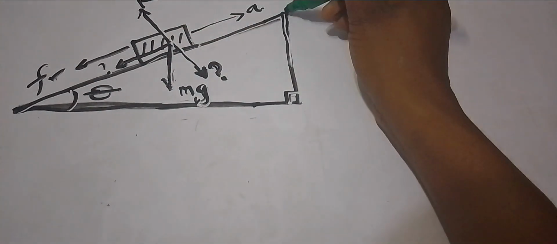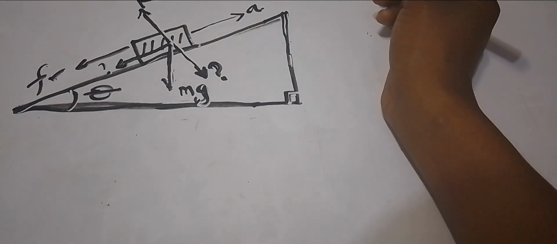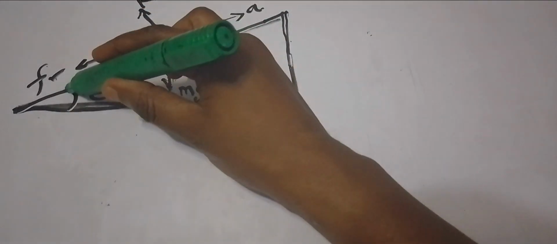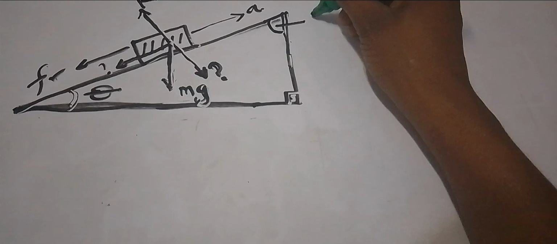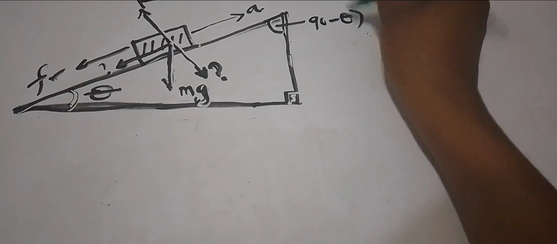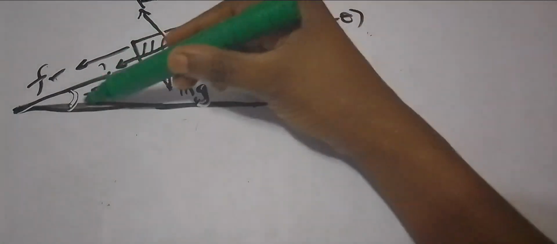This angle and this angle correspond to each other. Now if this angle is theta and this one is 90, then this angle here is going to be 90 minus theta. How do we get 90 minus theta? Because the sum of angles in a triangle must equal 180 degrees.